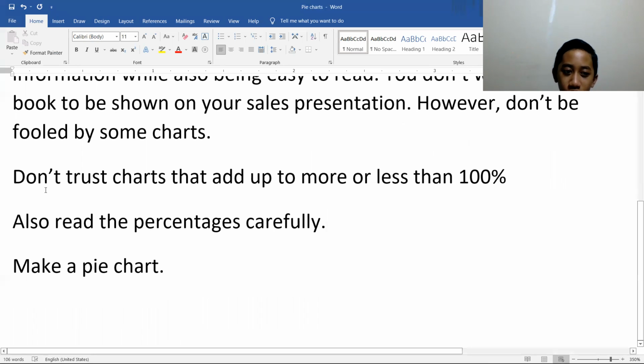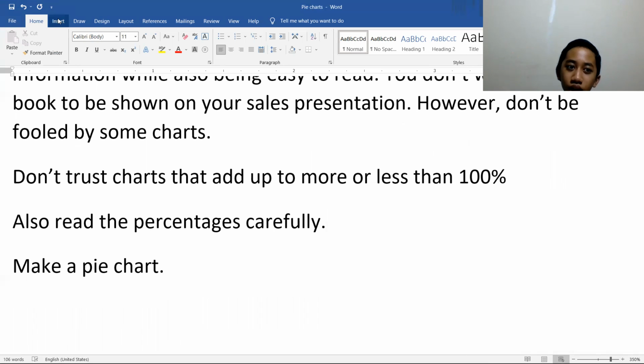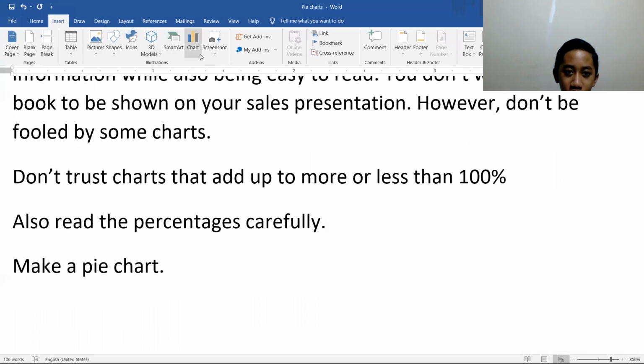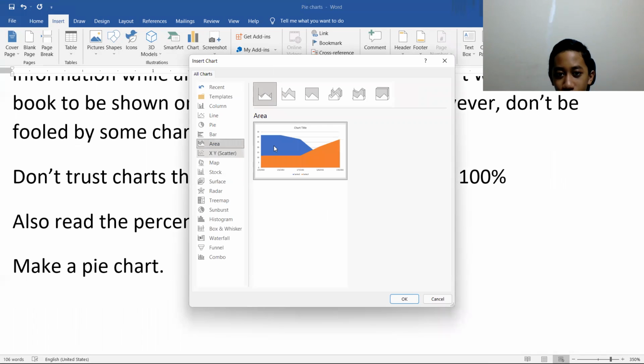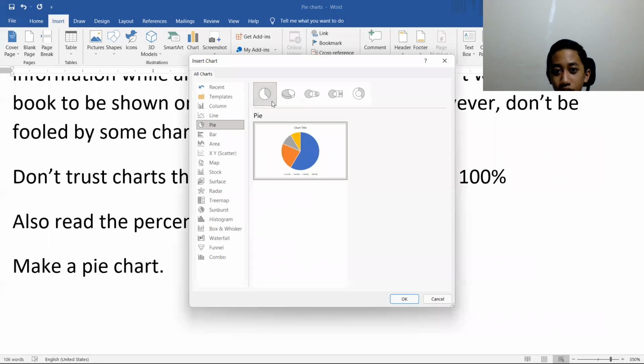Okay, now let's make a pie chart, I suppose. Insert chart. And this is what I was about to talk about. Later, I'm going to make another video for that. There is the 2D pie, then the 3D pie, then the pie of pie, which is just a pie out of a segment of a pie chart.